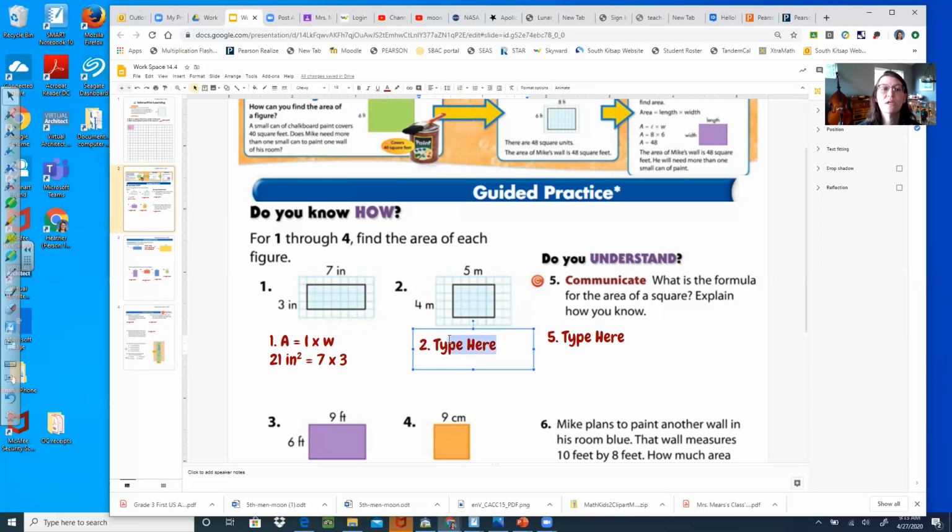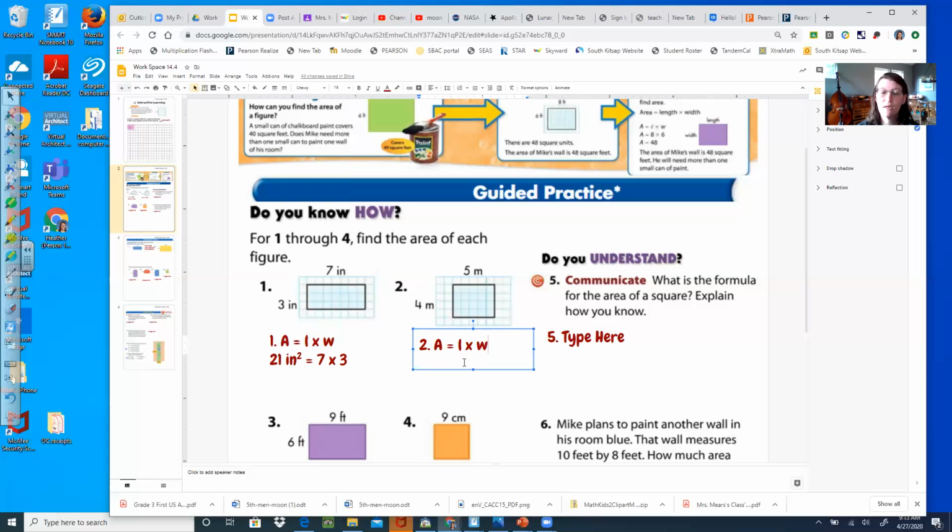Okay, for number 2, I need to start with my formula. Area equals length times width. And that's a lowercase l. When we are doing formulas, we use lowercase letters. I don't really like that the L looks a lot like a 1, but we just have to keep that in mind.